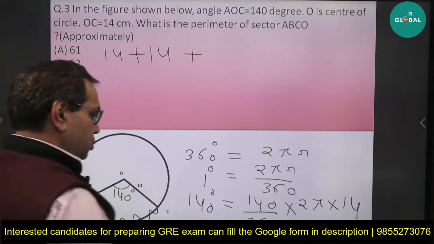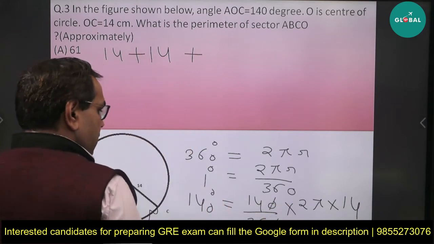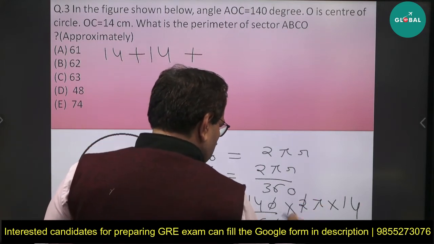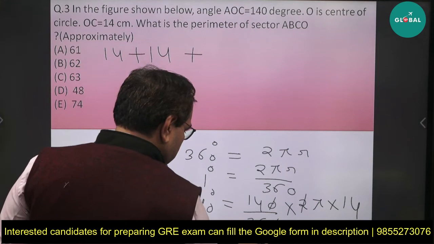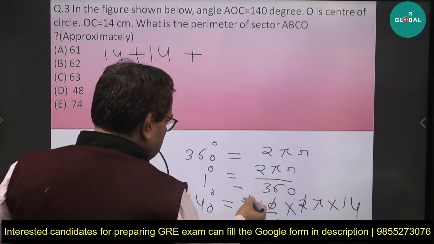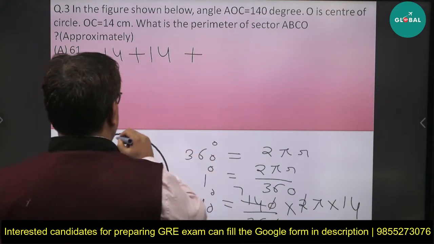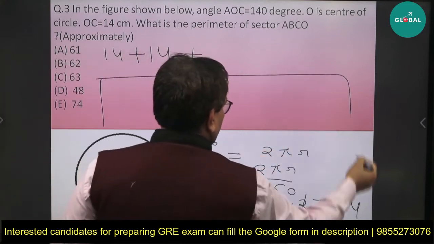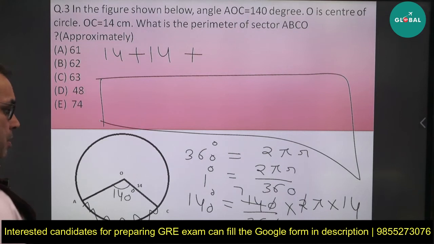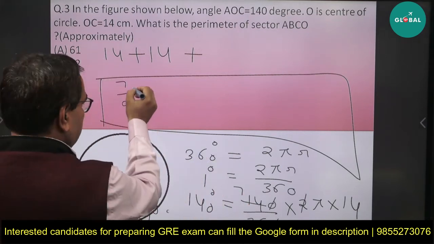We can see that 0 and 0 get cancelled, and we have this 2, so this makes 18 here. Now we cancel this 14 also, we get 7 and here 9. So now we have 7 upon 9 multiplied by pi.